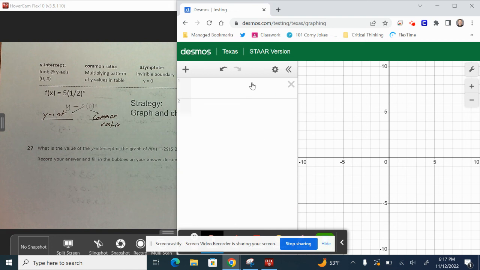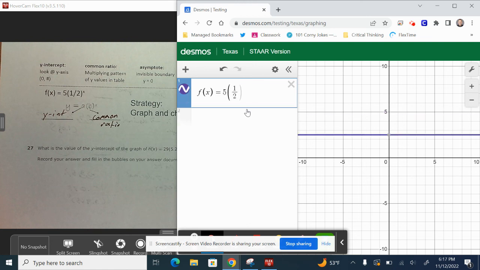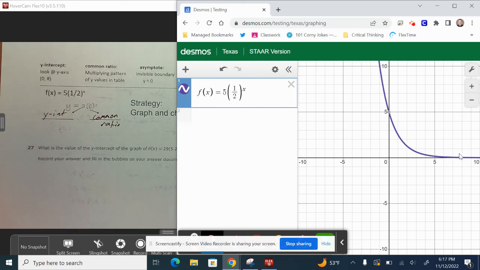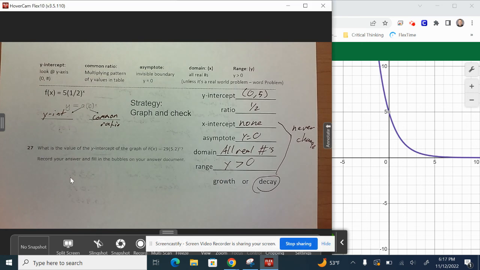So let me X out of my old Desmos stuff. I'm going to type in f of x equals 5, parentheses, 1 divided by 2, close parentheses, raise it to the power of x. It's decreasing, it's going down, so that tells me decay. Oh, I circled it, but you can't see it.